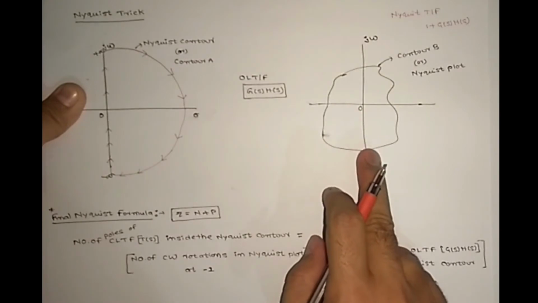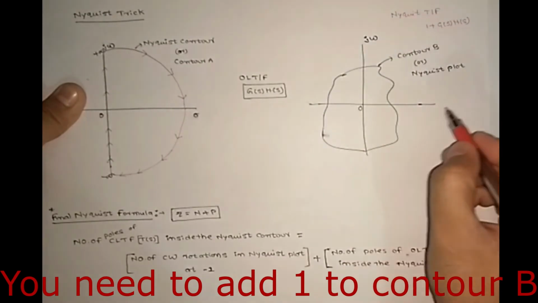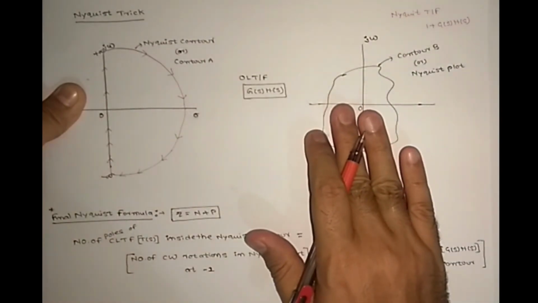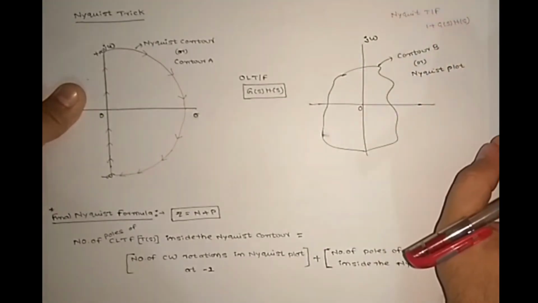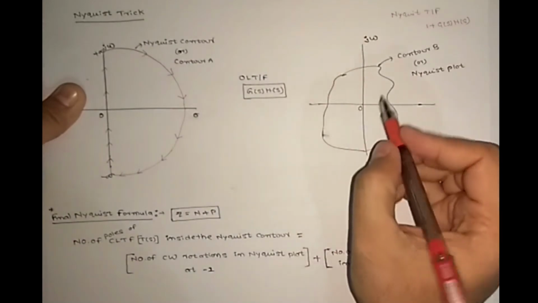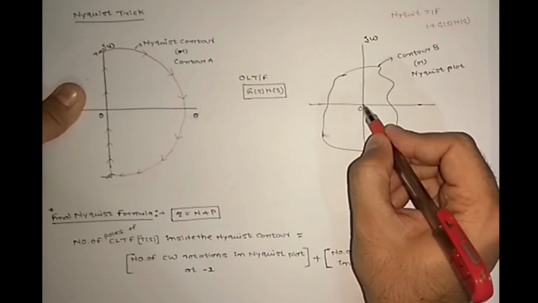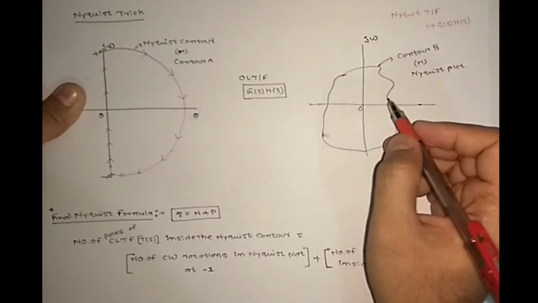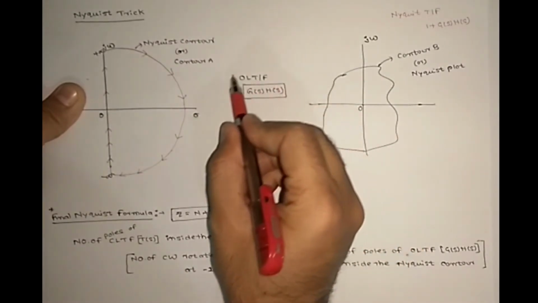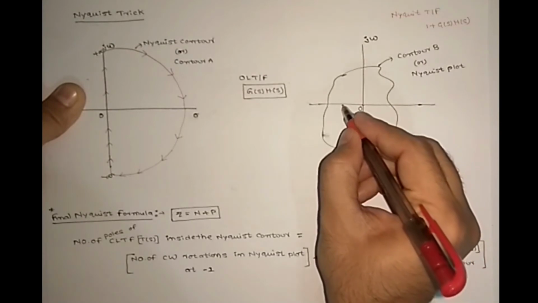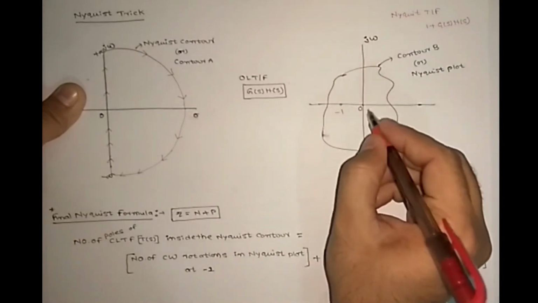If you want contour B for the Nyquist transfer function, you need to add 1 to this contour B, right? That means this entire plot will shift by 1 unit. Yes or no? So instead of that, generally we count the number of encirclements at the origin, right? But if we use mapping by the open loop transfer function, he will count encirclements at -1, not 0.